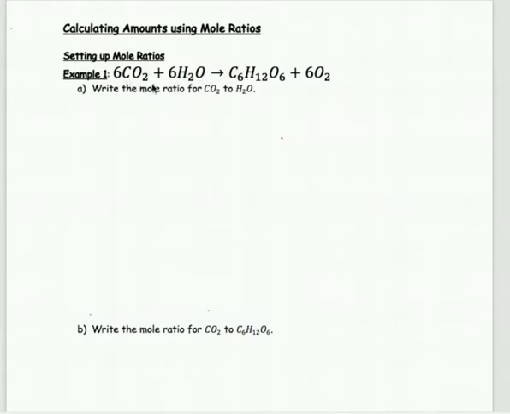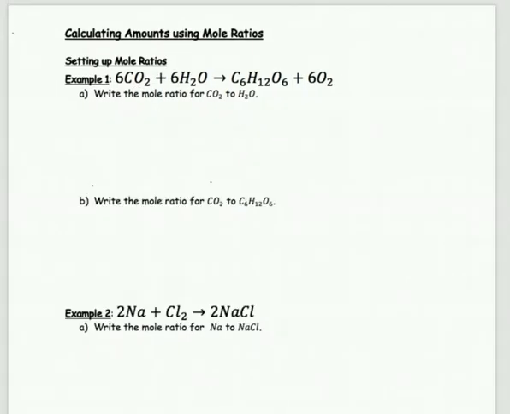So taking that, we're going to look at it in the context of moles today. Okay, so we're going to take the mole ratio of carbon dioxide to water, so we're going to compare them. So we're going to assume here, the first one here, carbon dioxide, say we know some information about it, but we're trying to figure out some information about water here.